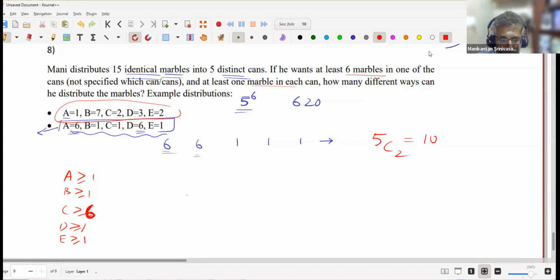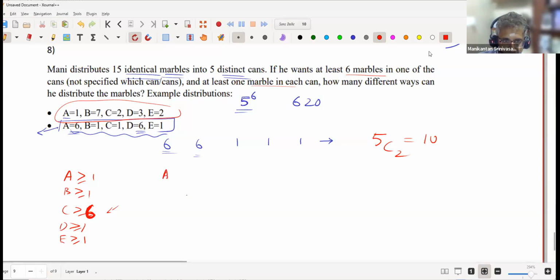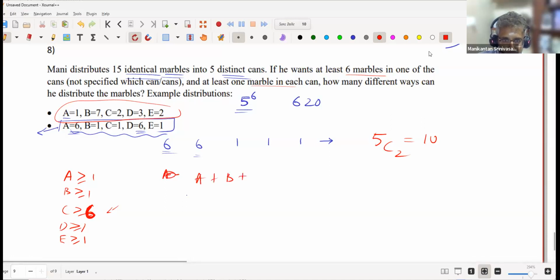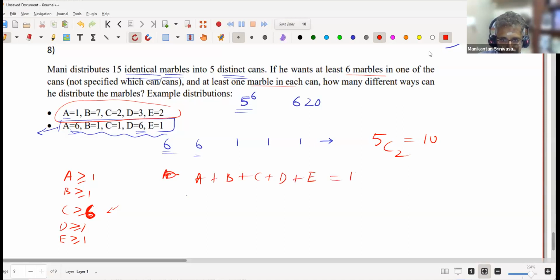Suppose I specify which is the can which gets 6 or more. Let's say I specify that C gets 6 or more. Then I can convert this to another problem. We want A plus B plus C plus D plus E to be equal to 15.